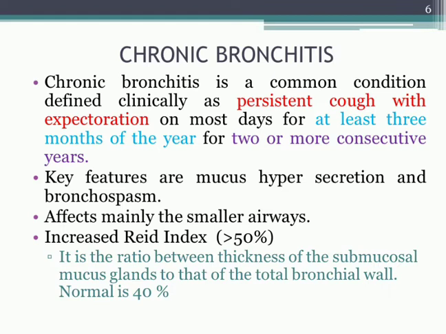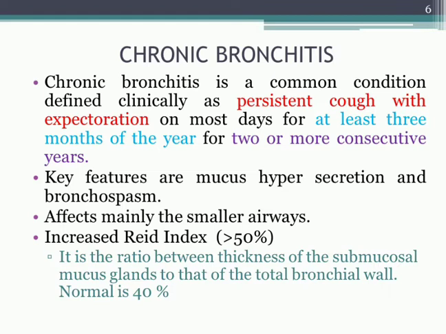So too much mucus is harmful to us. It affects mainly the smaller airways like bronchioles, and patients who have chronic bronchitis have an increased Reid index. As I told you, cigarette smoke causes overproduction by the glands, that is hypertrophy and hyperplasia of the mucus producing cells. This Reid index will be increased.